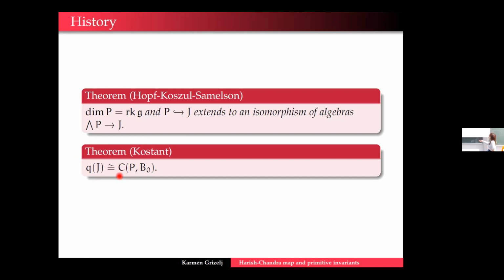And then we take a Clifford algebra of P, but not with the same bilinear form anymore. We have to take this B0, but it just changes some signs in some degrees. So I'm not going to write that down. It's simply a technical detail. So it also has a Clifford algebra structure.